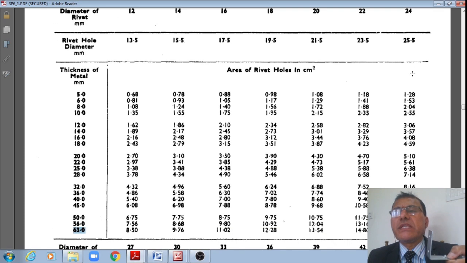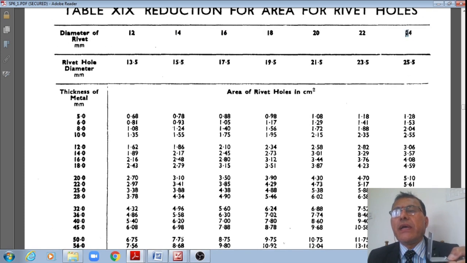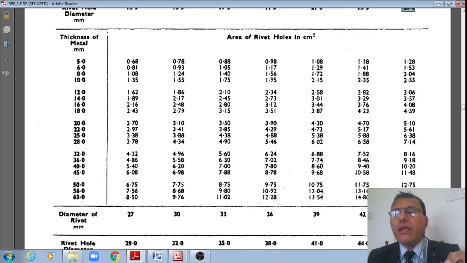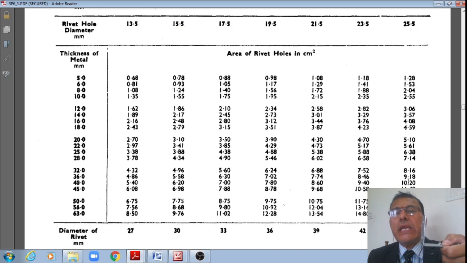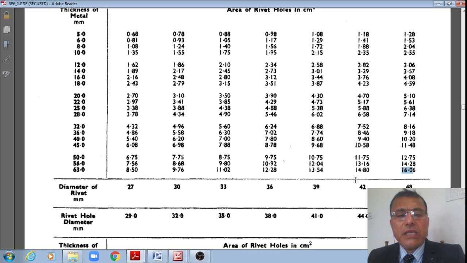With a rivet of 24 with a rivet hole of 25.5, the loss of area of the rivet holes is 16.06 centimeter square.